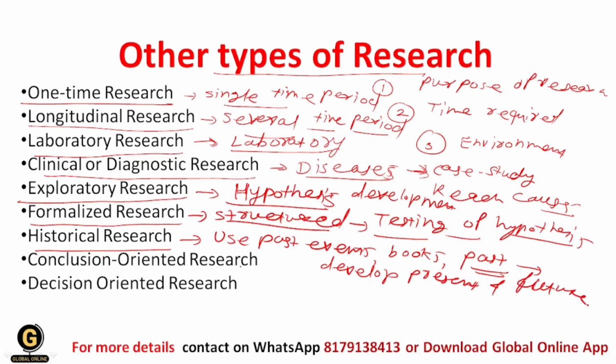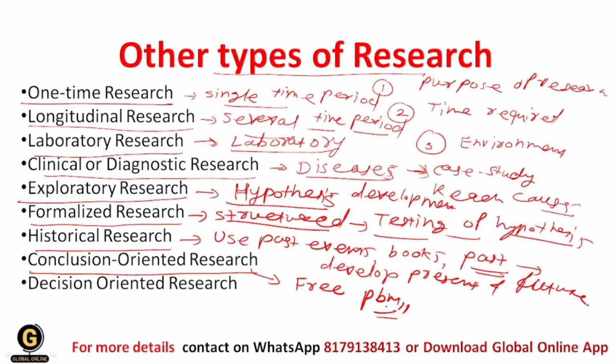Next is conclusion oriented research. As the name suggests, it is oriented to the conclusion of the research, and that's why a researcher wants to know about the conclusion. The researcher is free to pick a problem, and redesigns the problem as he proceeds, and is prepared to conceptualize as he wishes.